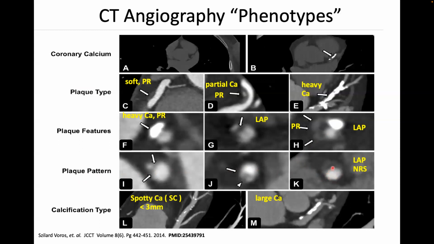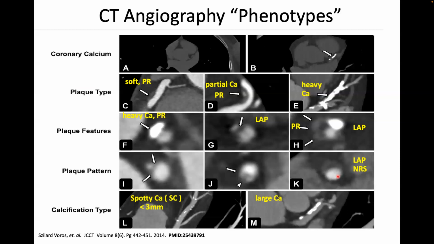And then as we move into the plaque itself, we have what is called a napkin ring sign because of the shape of it. This has low attenuation plaque with this curve around it like that, and the lumen right here, very close to that low attenuation plaque.